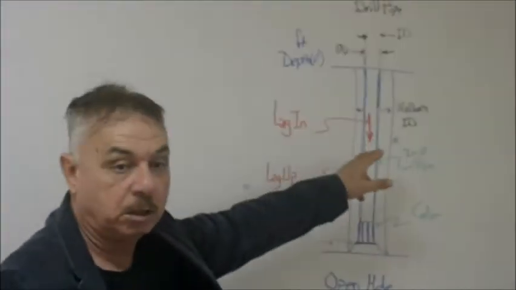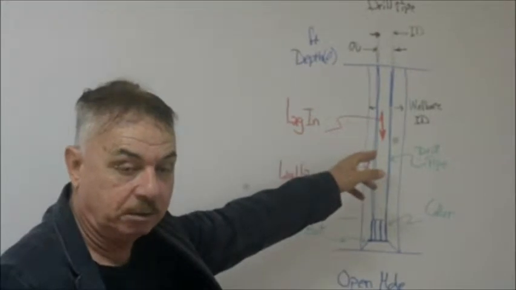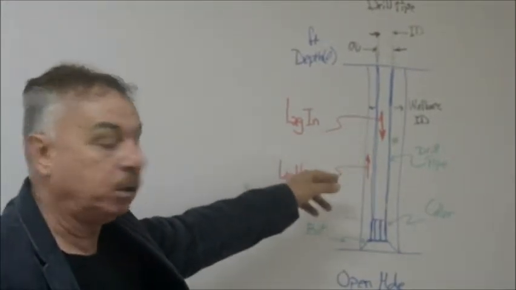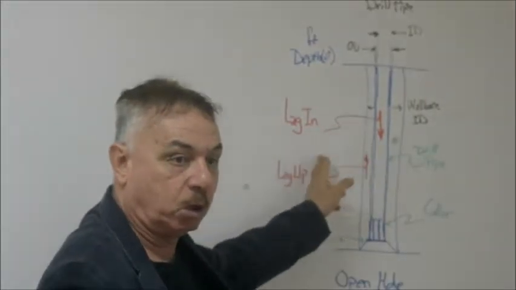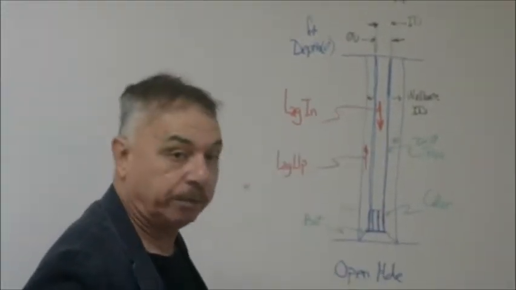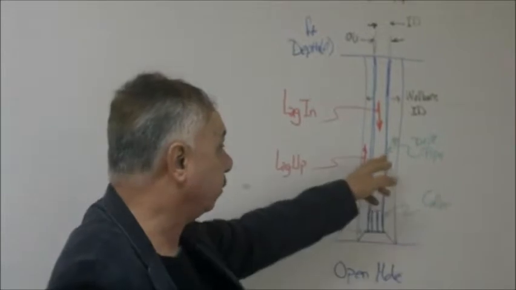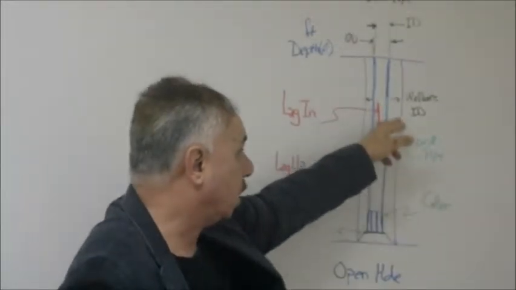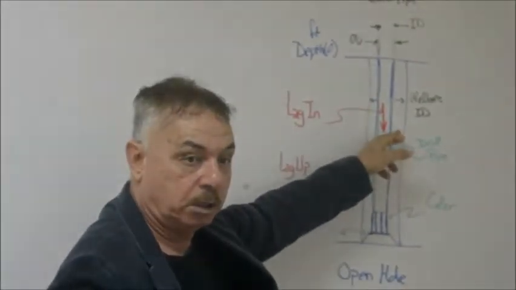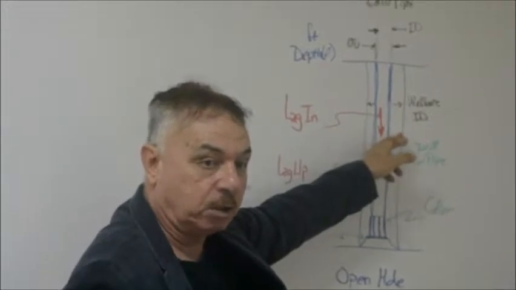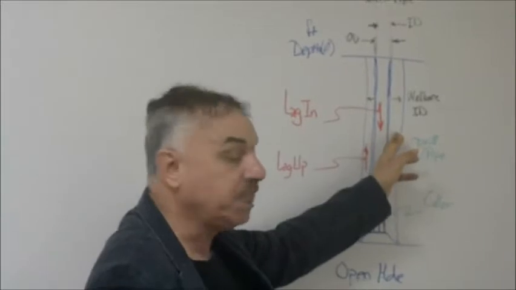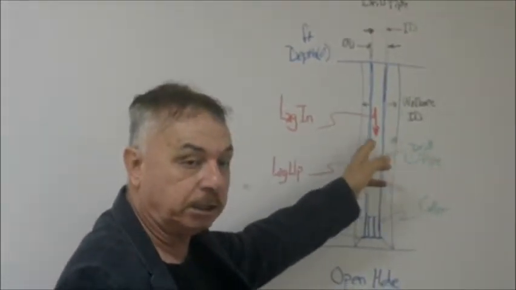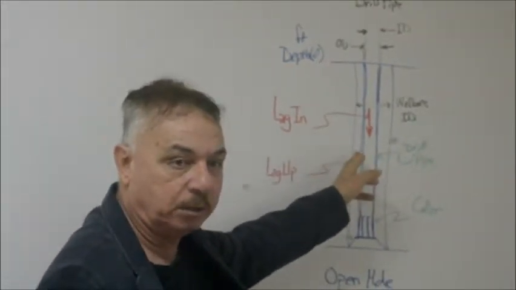Because as we see, we can have washout from the walls of the wellbore during open hole drilling. We can have part of the wall in certain rocks, in certain formations, leave the walls and get mixed with the mud.